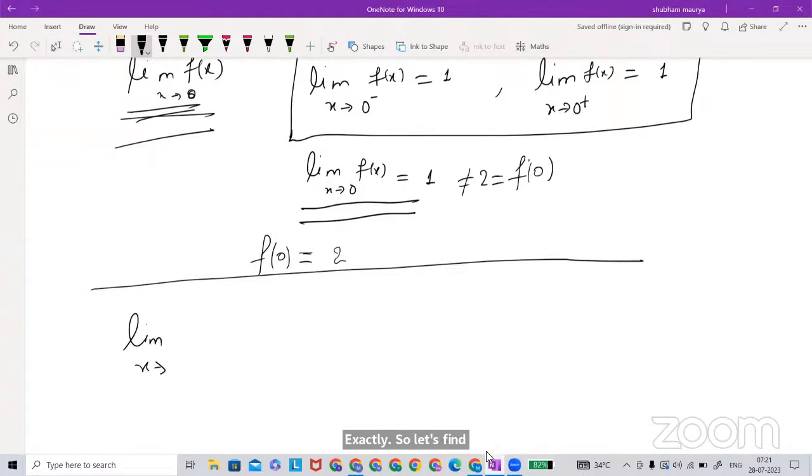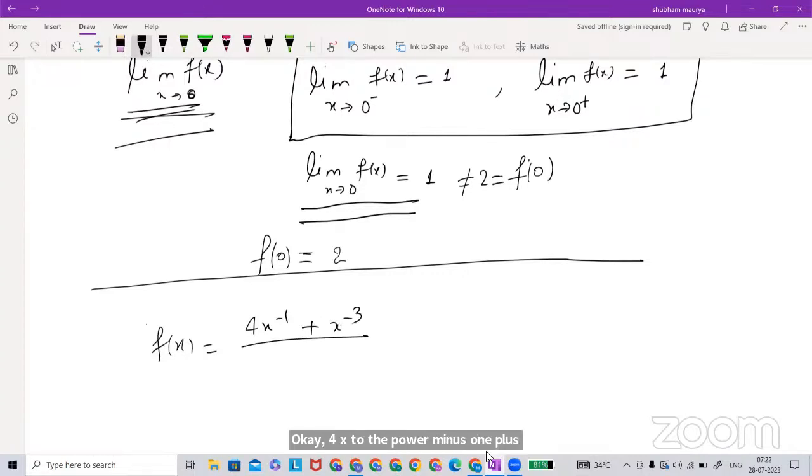Suppose we have a function f(x) equals 4x to the power minus 1 plus 3x to the power minus 3, upon 2x to the power minus 1 minus 3x to the power minus 3.